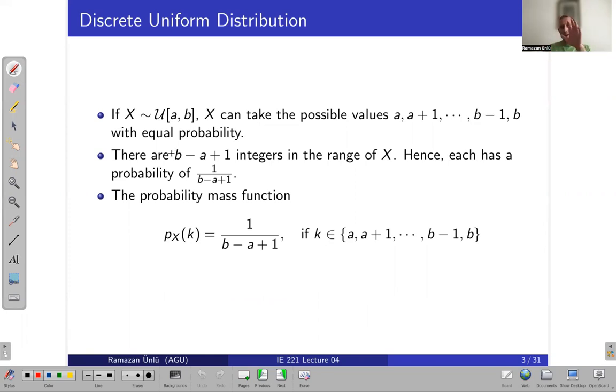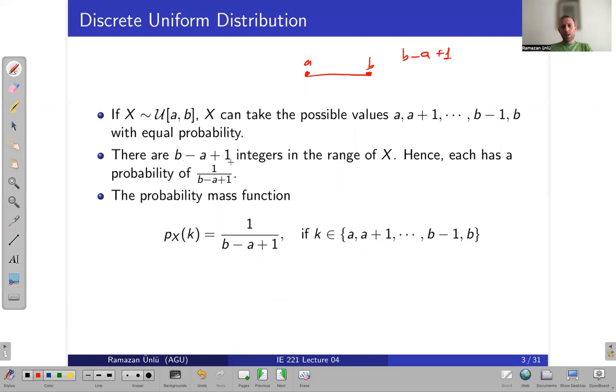That's why there are B minus A plus 1 different integers that X can take. If this is A and this is B, remember the simple formula to calculate how many integers exist in this range: simply B minus A plus 1.